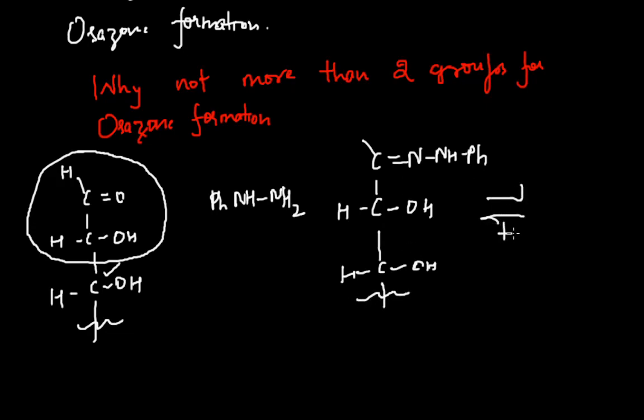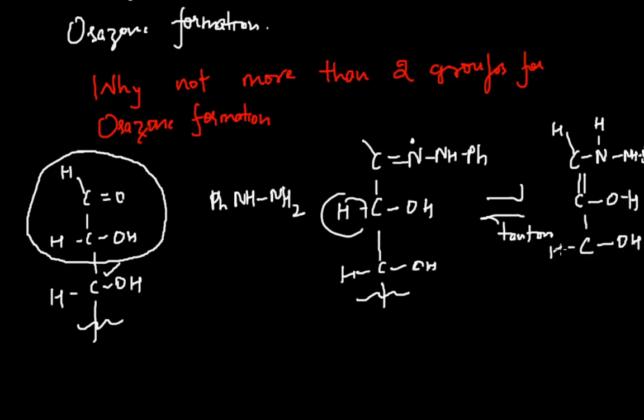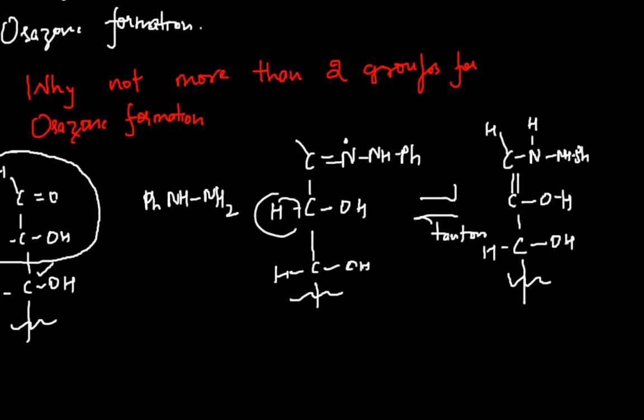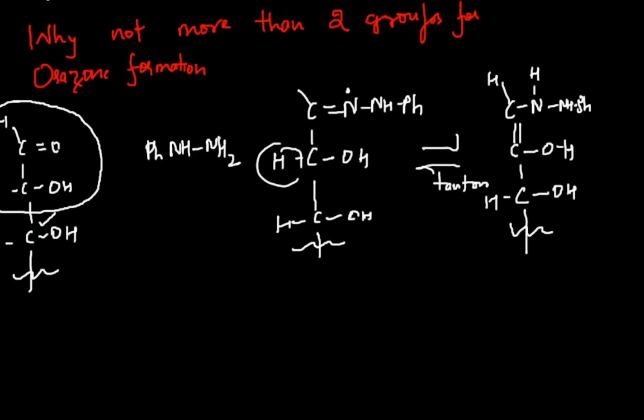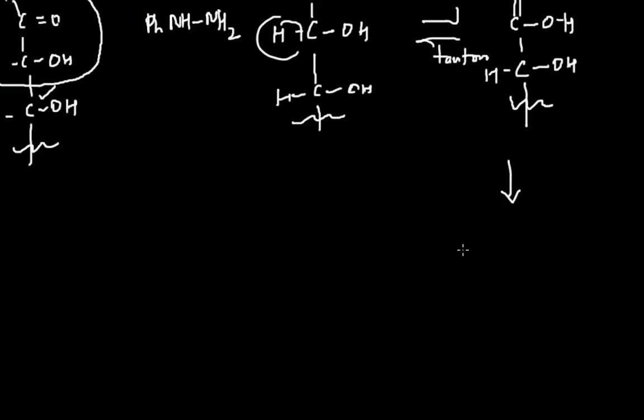here tautomerization took place. And then Amadori rearrangement took place, and then again you reacted with 2 moles of phenyl hydrazine, and ultimately you got this particular compound, HN NHPh C double bond N NHPh.